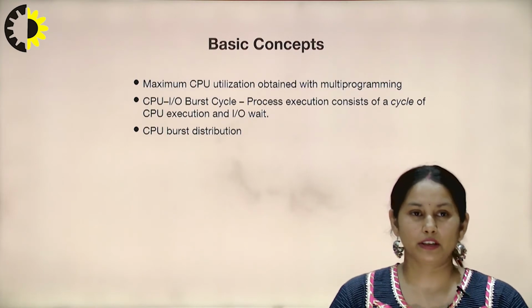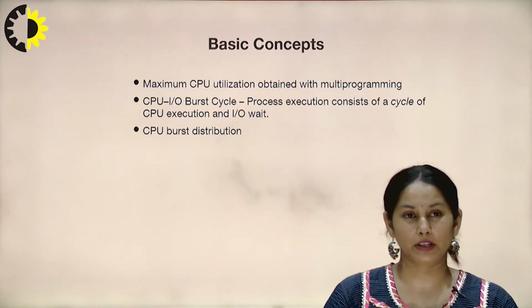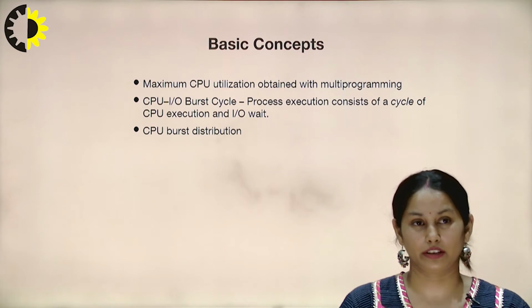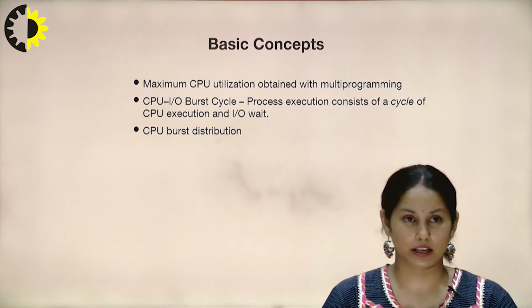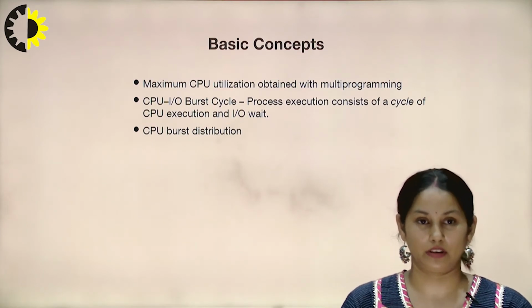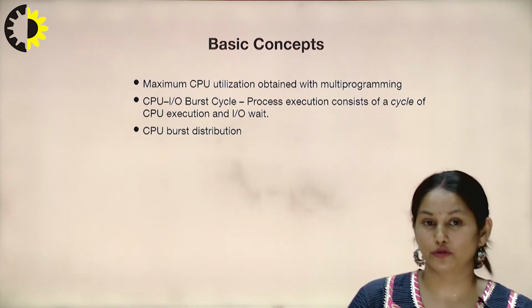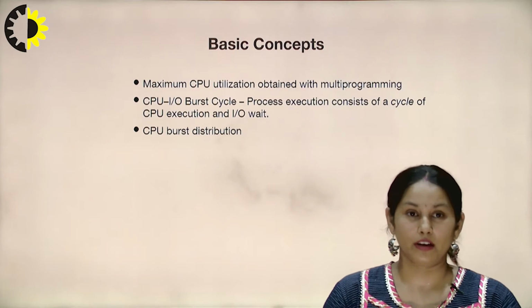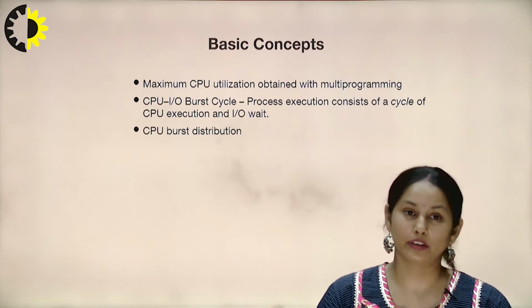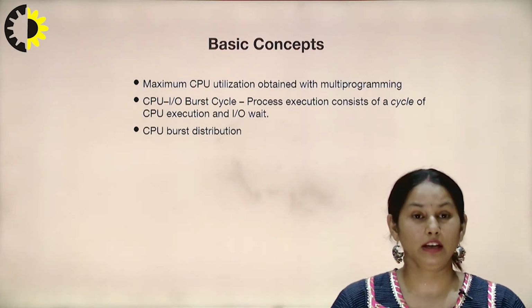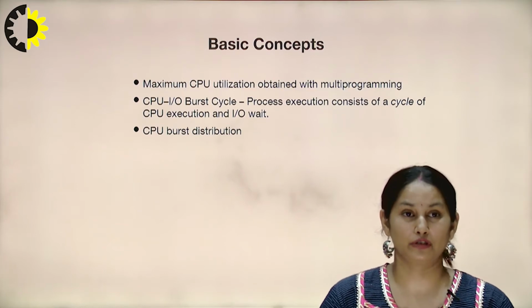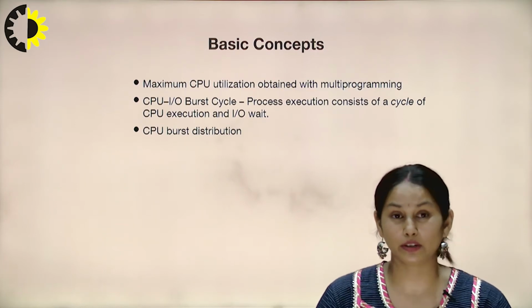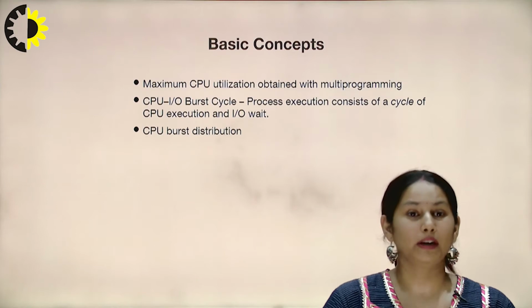So what is the basic concept? The basic concept behind the scheduling algorithm is that we have to maximize the CPU utilization. Whenever we are giving a process for execution in the CPU, the maximum utilization should be there. That is only obtained by multi-programming.